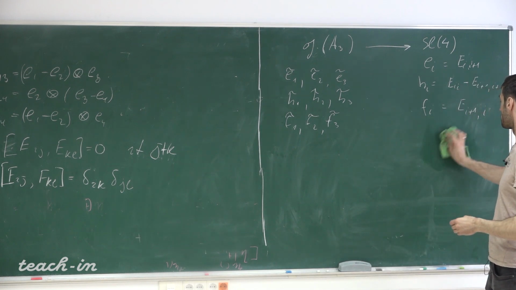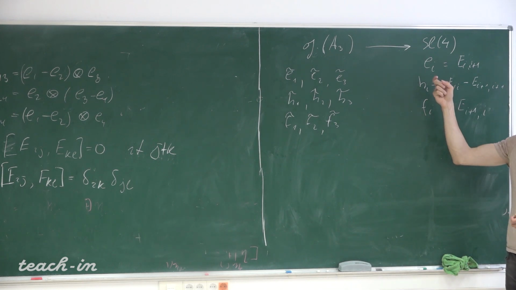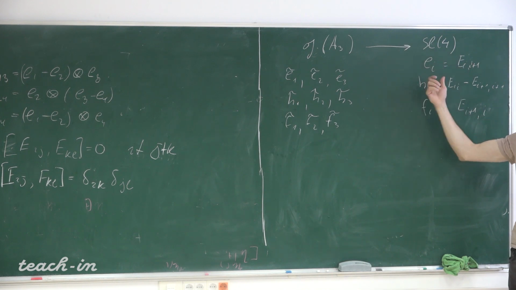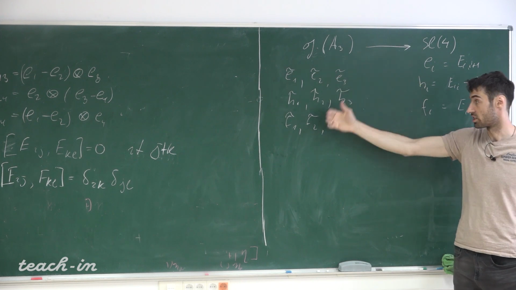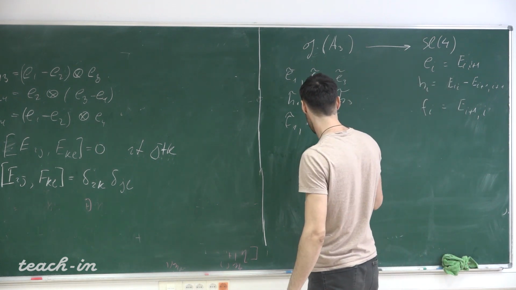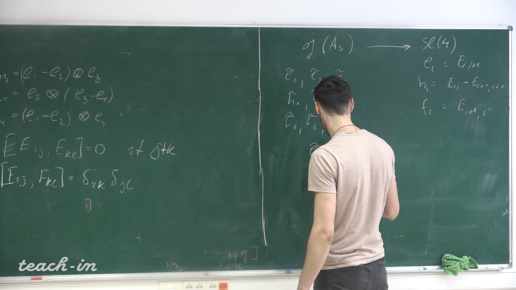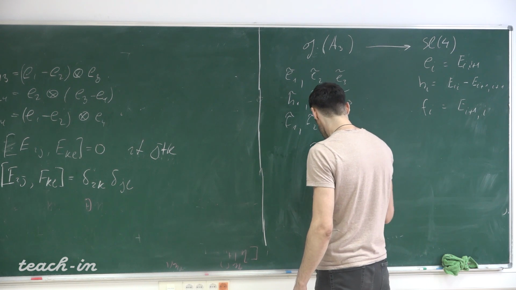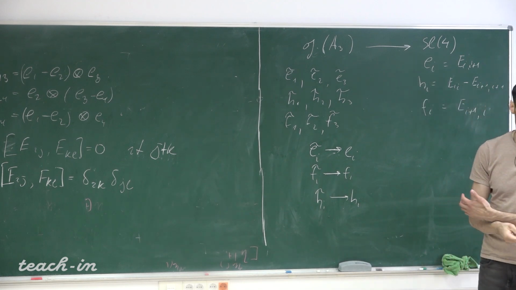Very well, so these are my Chevalley generators in SL4. And we check that for any simple algebra the Serre relations that I have here are satisfied by SL4. Therefore, if I send E_i tilde to E_i, F_i tilde to F_i, H_i tilde to H_i, this will be a homomorphism.